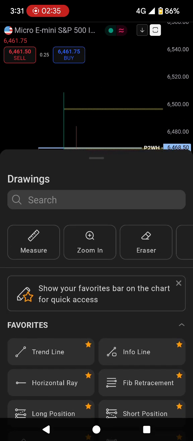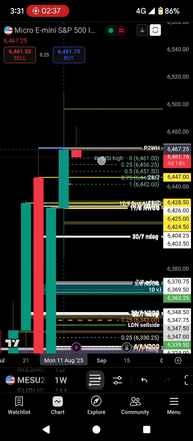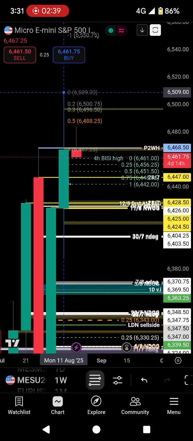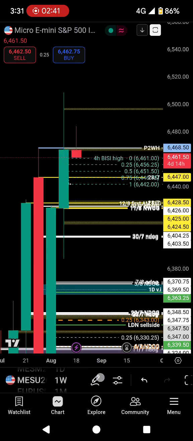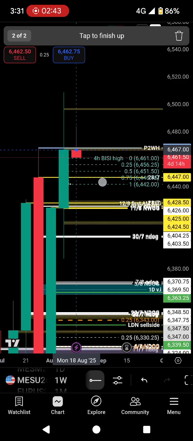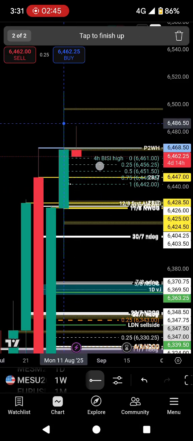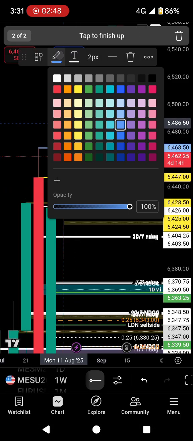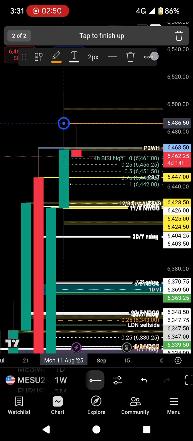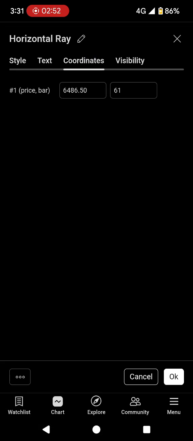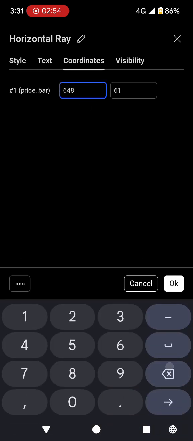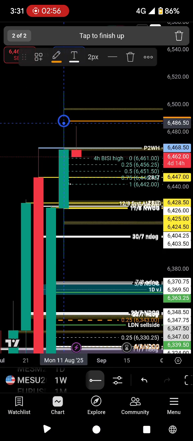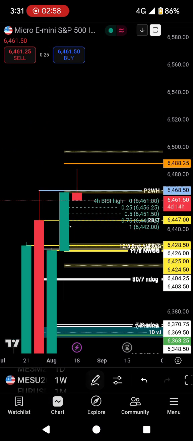Okay, so first I'll draw this weekly CE week here. 6488.25. Okay, so let's draw it out. Okay, so this is the weekly CE week.